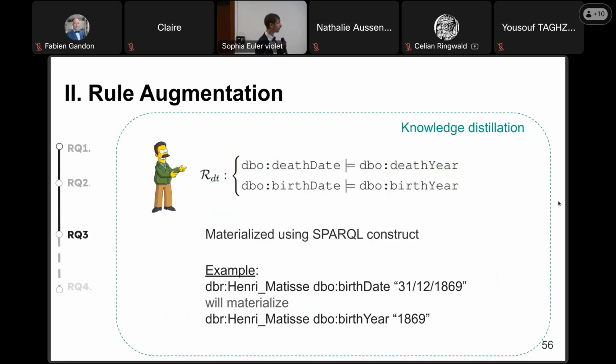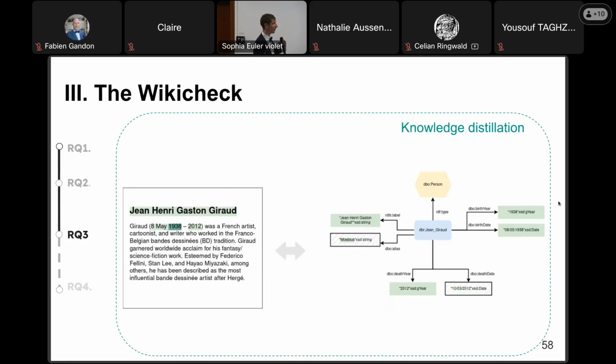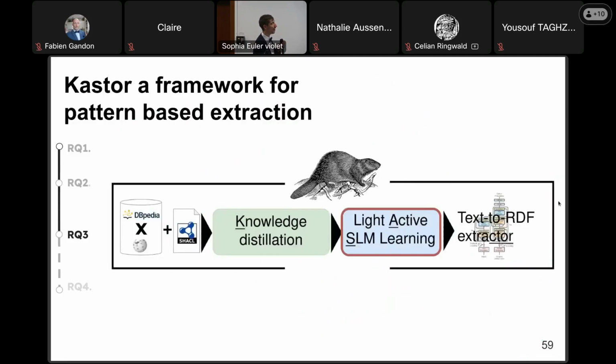And all these new triples are materialized using a SPARQL construct. The last step of this process is called the WikiCheck. This is a process that verifies that each value from the graph is expressed by the text. We use string matching for the strings and the datefinder Python library to check the dates. And at the end, we obtain a distilled knowledge graph.